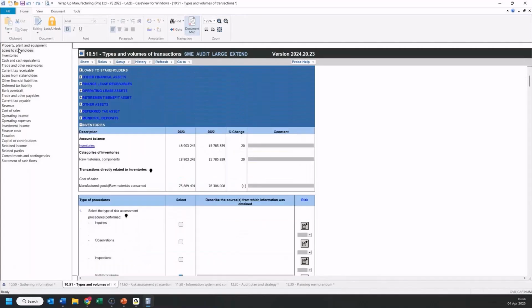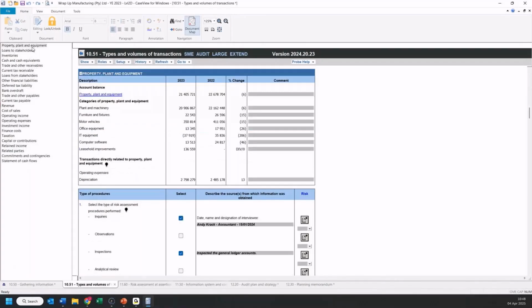So every time I go to a section, underneath each of those, we have the procedures documented. The alternative in your firm setup would have been to have it only right at the top of the document, even above property, plant, and equipment. I would have documented it once off, and my response at the top would have been applicable to all the sections in here.